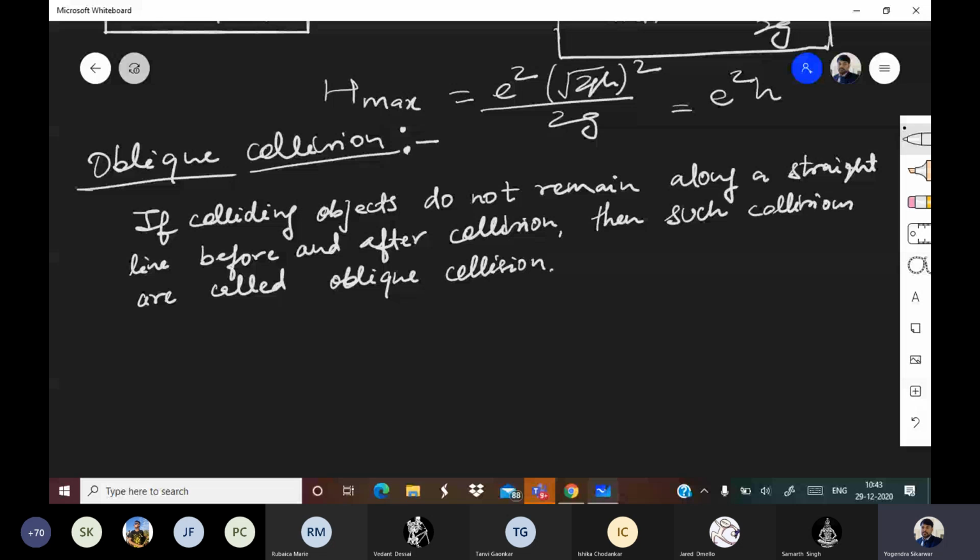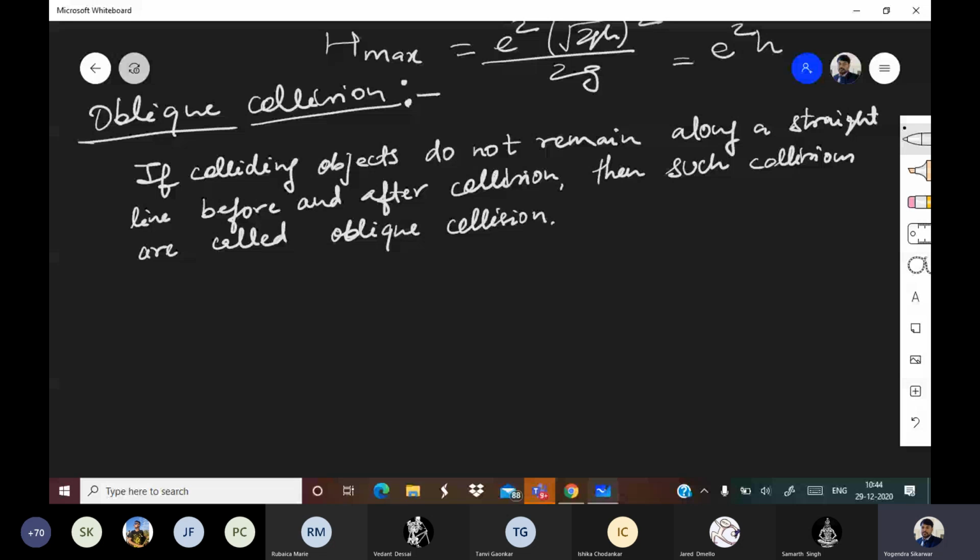So far in all collisions which we studied, objects were remaining in a straight line. But now we are going to study collisions in which objects will not remain along a straight line before and after collision.